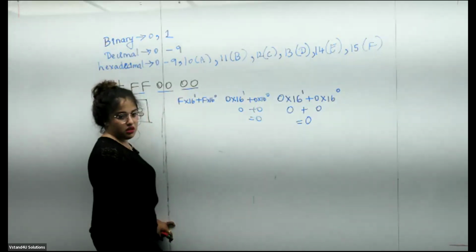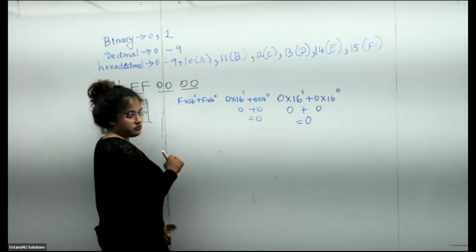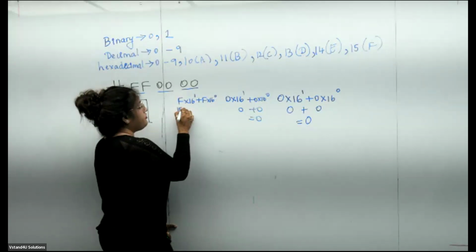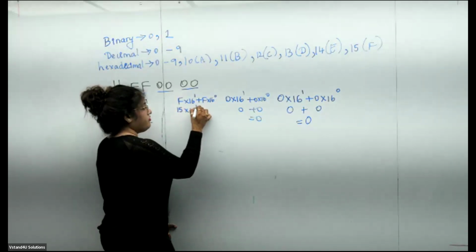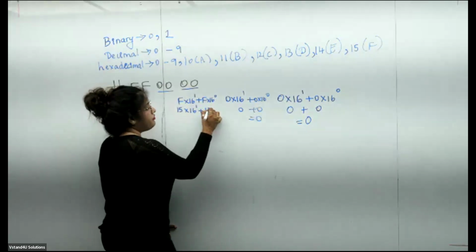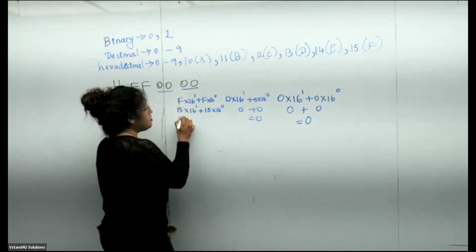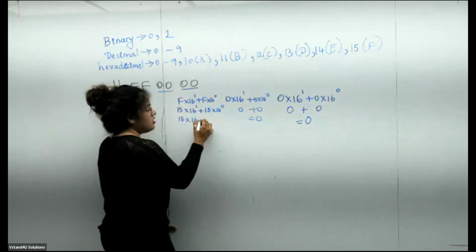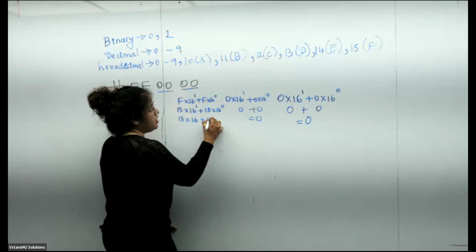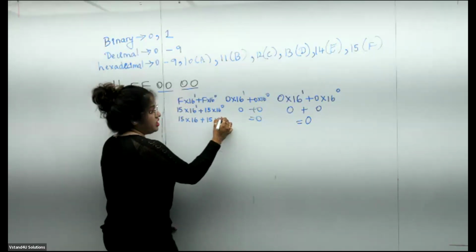Now what is the value of F? 15 into 16 to the power of 1 plus 15 into 16 to the power of 0. What is 16 to the power of 1? 16 plus 15 into 1.